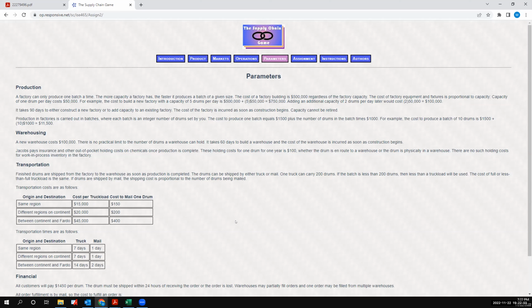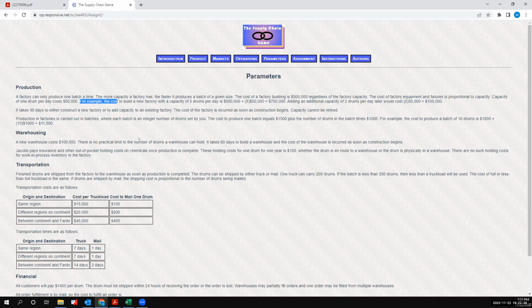Now, on top of that, of course, you need to create capacity, and you have to pay $50,000 for one drum capacity. So, for example, as it's pointed here, the cost to build a new factory with a capacity of 5 drums per day is $500,000 plus 5 times 50,000, $750,000.